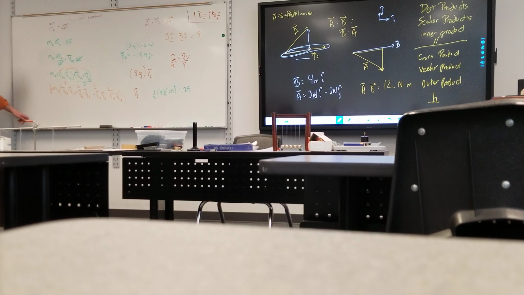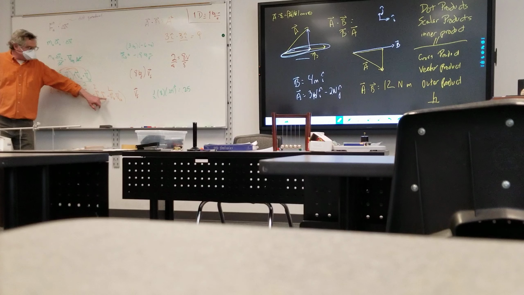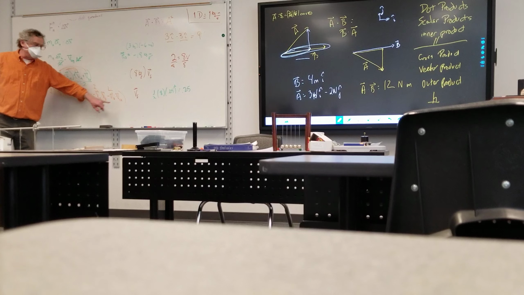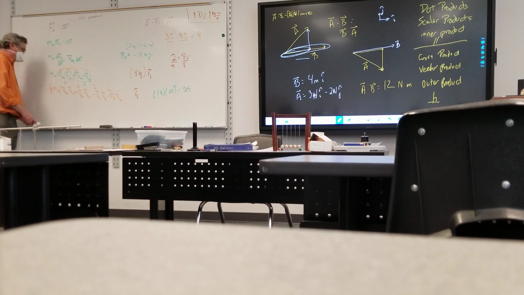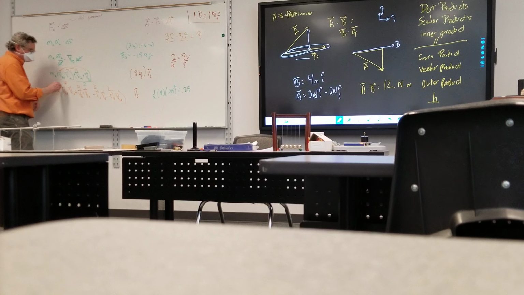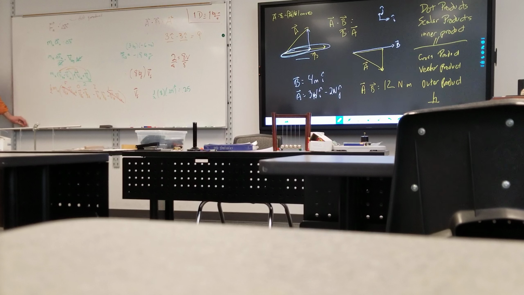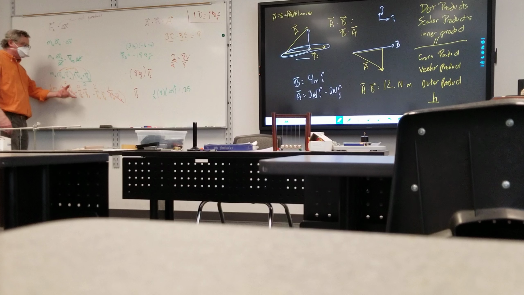Well, let's see what we got here. I got VF times VI minus VI times VF. The order doesn't matter, so those cancel out. Here I have a vector doing a dot product with itself, so that's just VF squared.